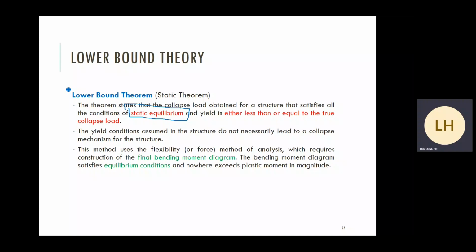This calculation is not quite important in this module, because actually we have covered it already at the beginning in Siebert's method. This method requires the use of equilibrium, finding out the moment diagrams and shear diagrams. So I will not test you again in this particular plastic theory, because I will test you in Siebert's method, not here. You have to try your best to find out the moment diagram if you want to use this lower bound theorem, which is what you've done before.